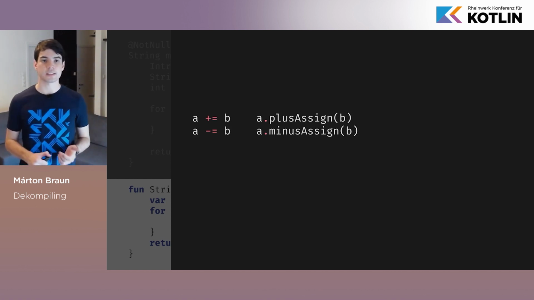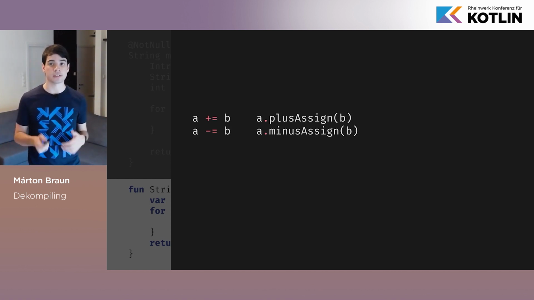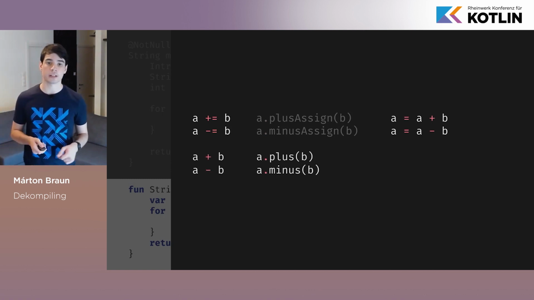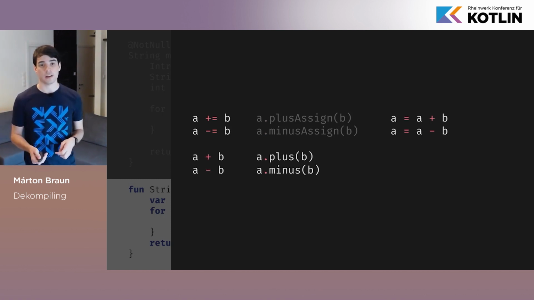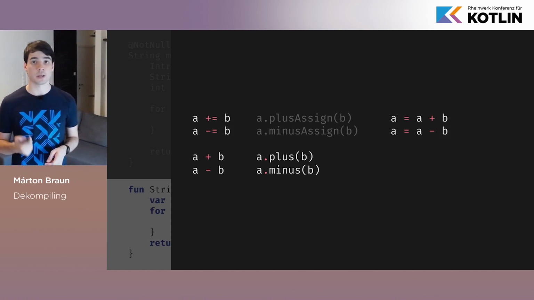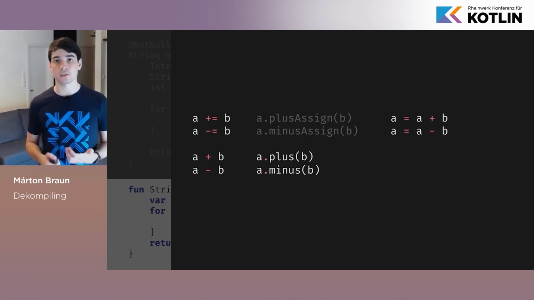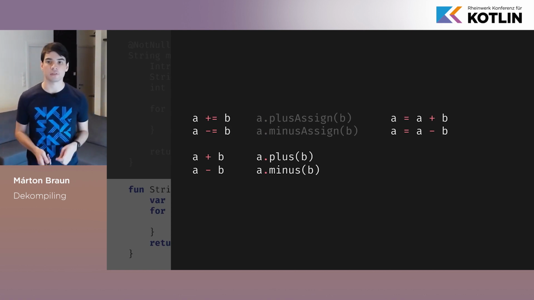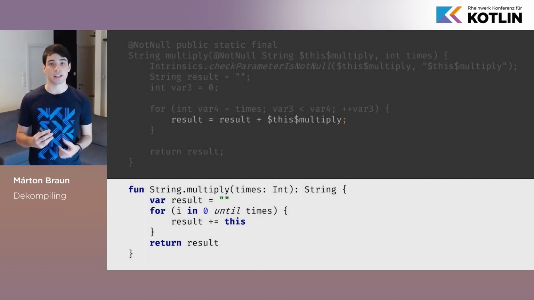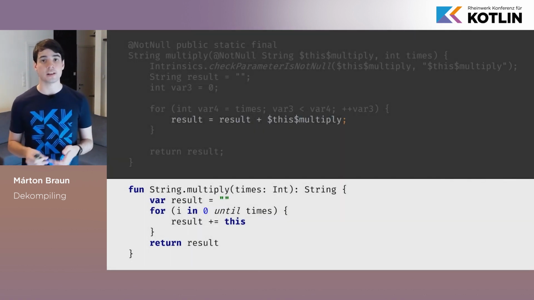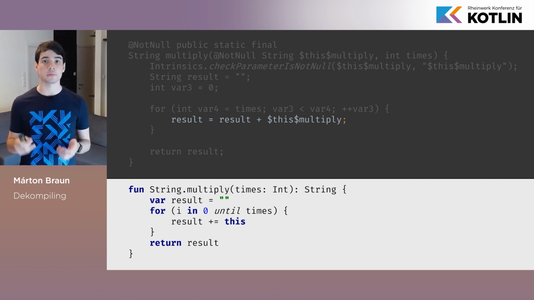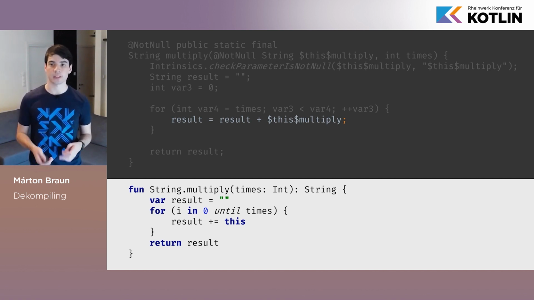If these methods don't exist, which is the case for our string concatenation, there's no plus assign method on Kotlin's string type, then it would unroll the expression into its longer form and then look for the corresponding operators again. And this is where we get a match with our strings. So the plus operator as a function does exist on the Kotlin string type. So that's what we're getting after it's unrolled during compilation. And that plus function for strings is corresponding to the Java plus symbol for concatenating strings, the plus operator rather.